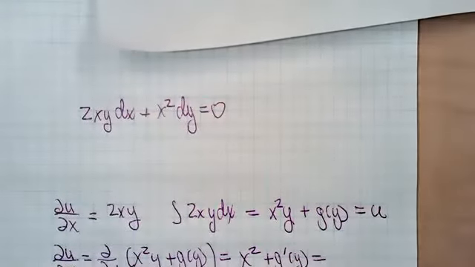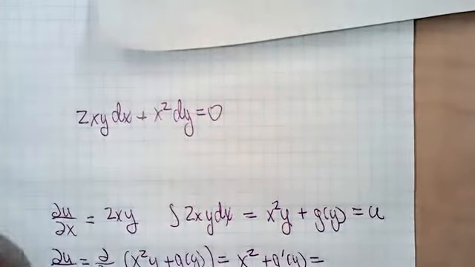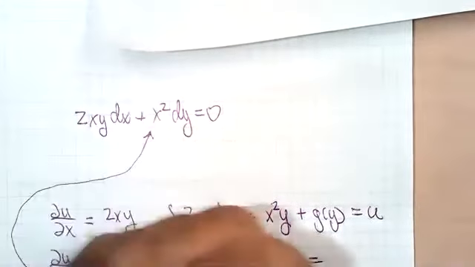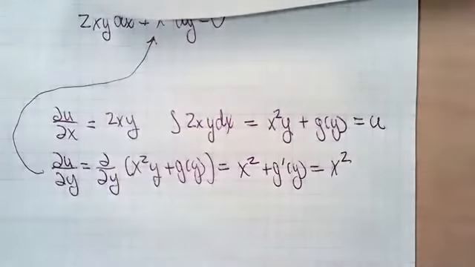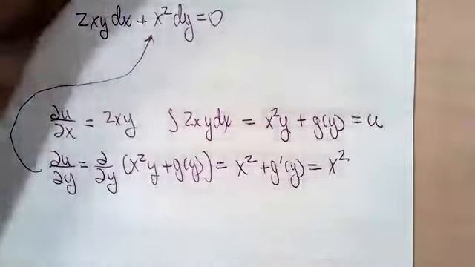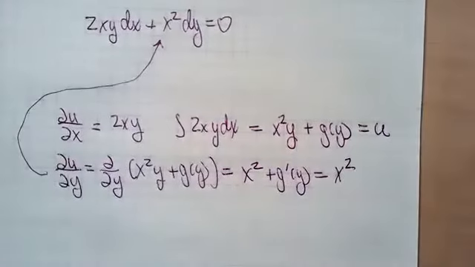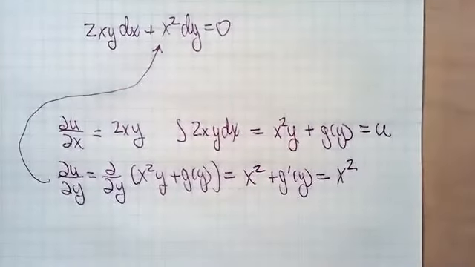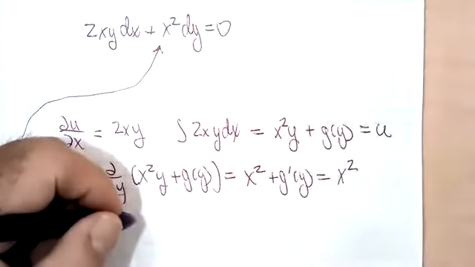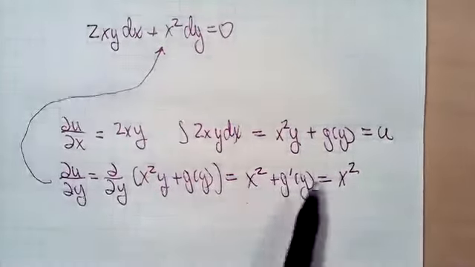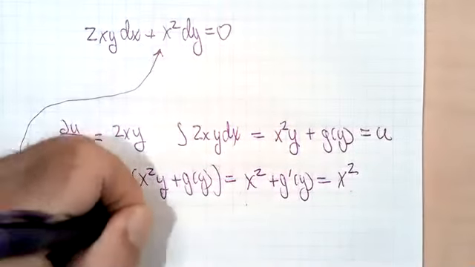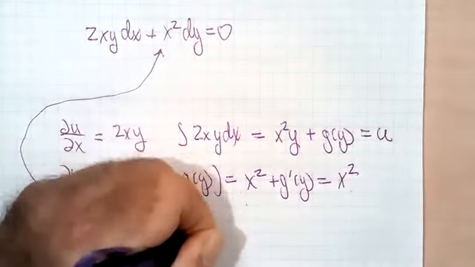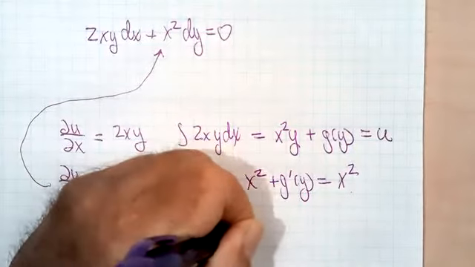Partial u with respect to y is that thing right there, x squared. All right, so subtracting x squared from both sides of that equation, we conclude that g prime of y equals 0, which means that g itself must be just a constant.